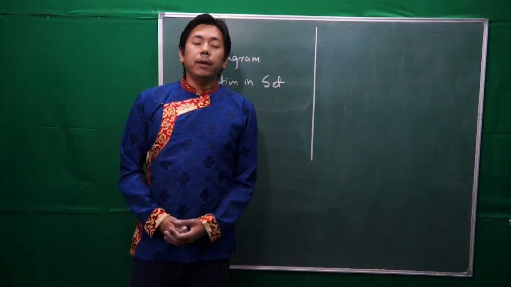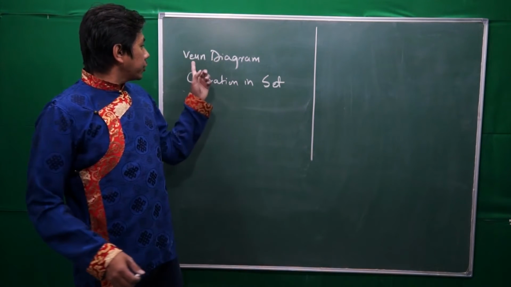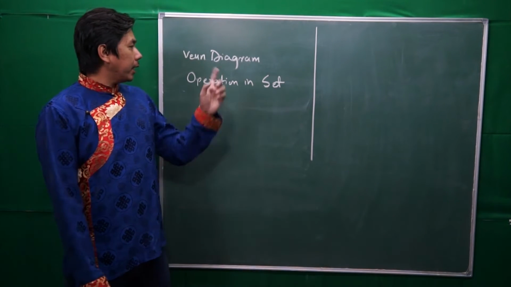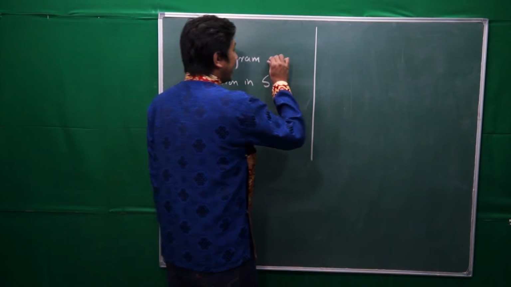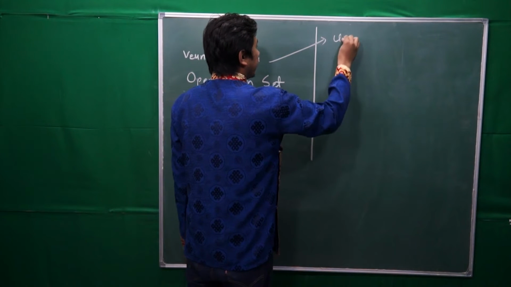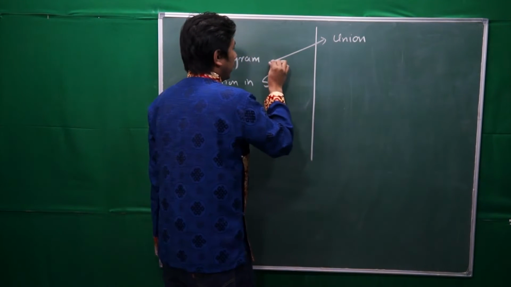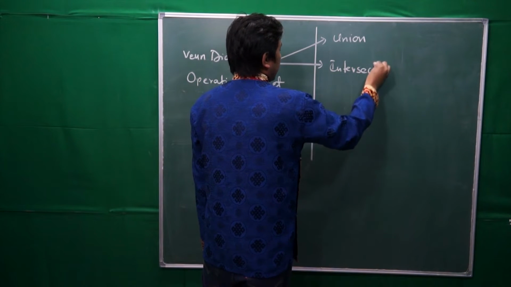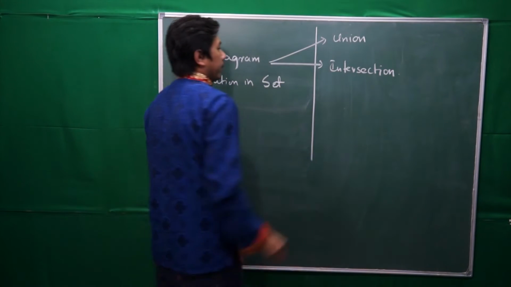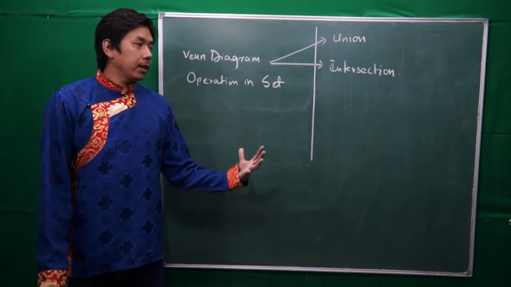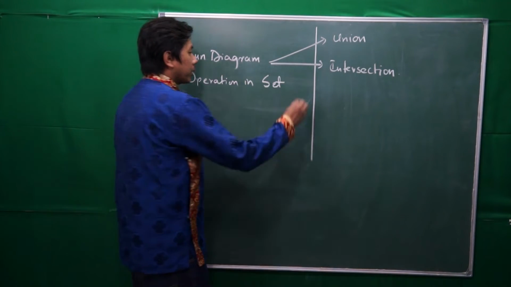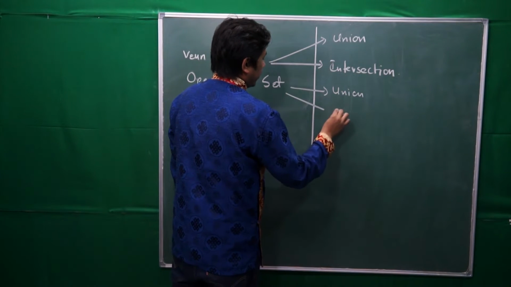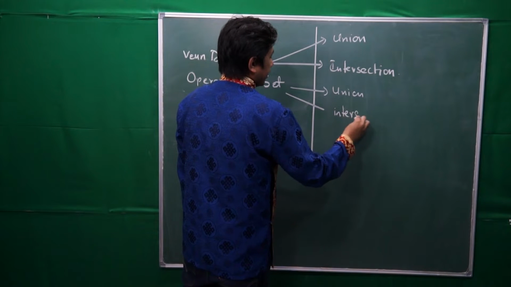So in this way, we have completed both the topics, which are Venn diagram and operations on sets. You can clearly see that with a Venn diagram, we are easily able to represent union, intersection, and certain operations as well. All right, so what are the operations that we did? We did union, we did intersection.